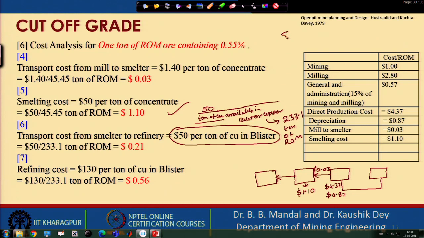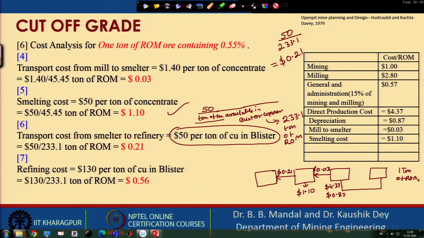So, the transportation cost is $50 divided by 233.1 ton, that is the transportation cost from smelter to refinery. It is coming close to $0.21 from smelter to refinery for 1 ton of ROM.